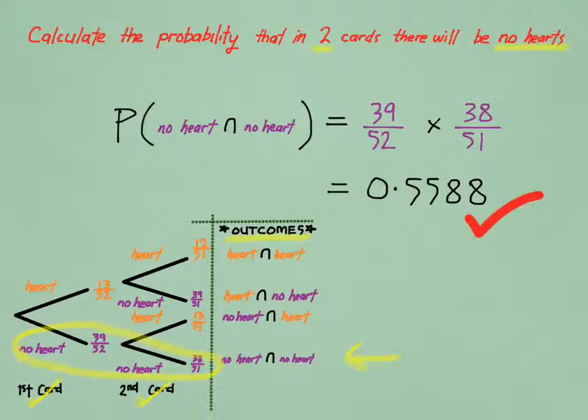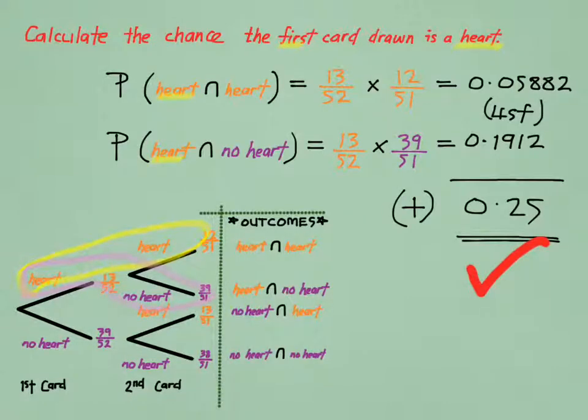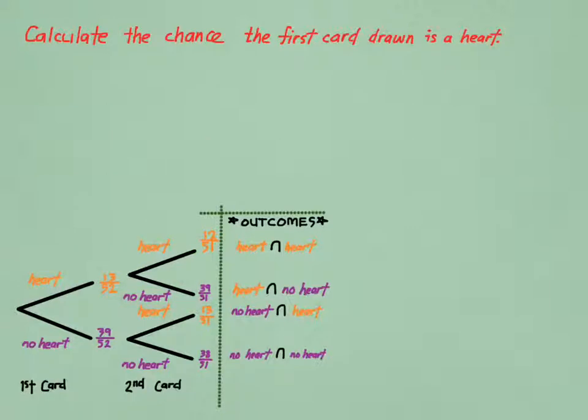Okay, so we'll ask one more question before we finish this video. Calculate the chance the first card drawn is a heart. Have a look at the tree and see if you can spot where the first heart is. Oh, I kind of skipped ahead a little bit there. Let me backtrack.